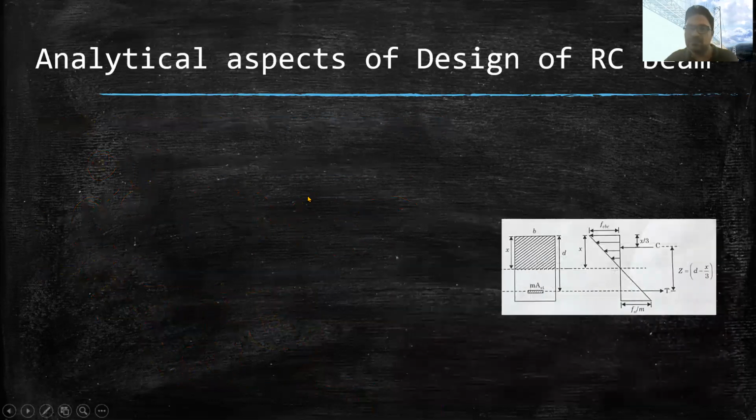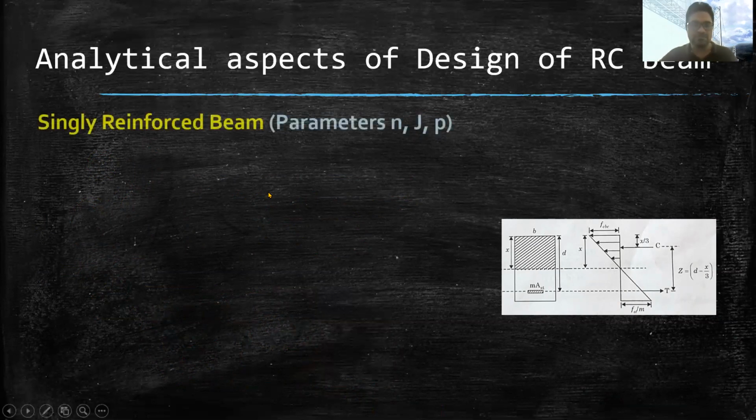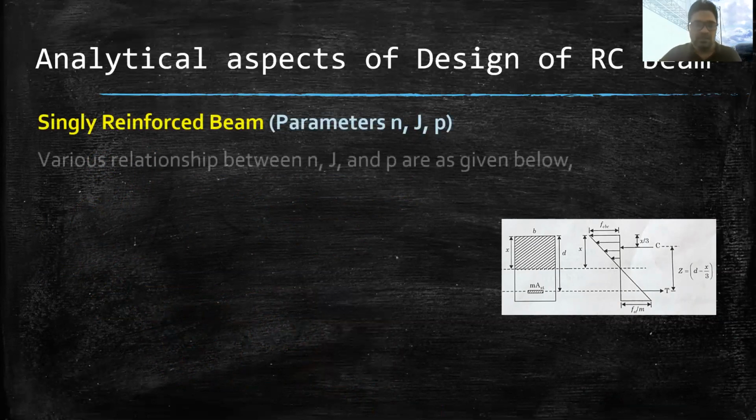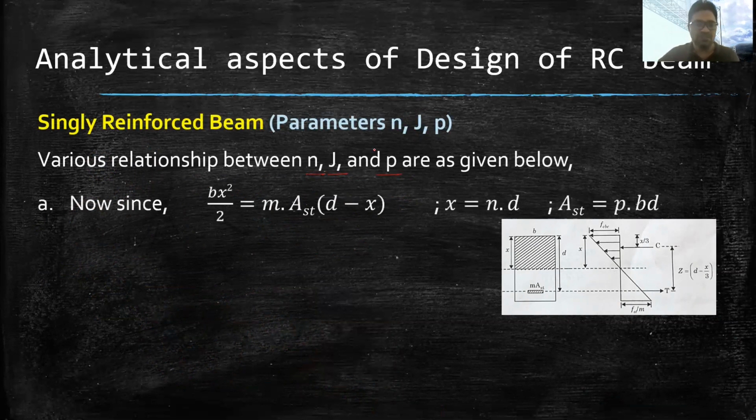Now there are some relations between these three parameters n, j and p, and we will try to understand them. Let us see the first relationship.